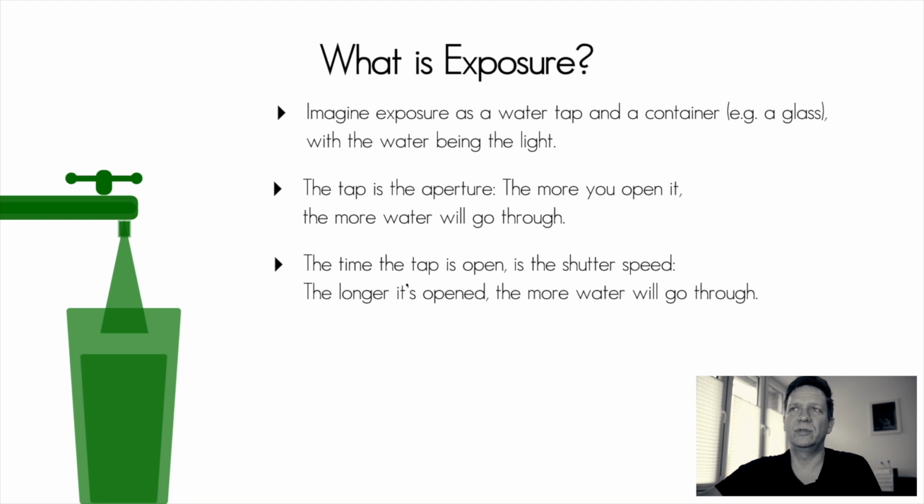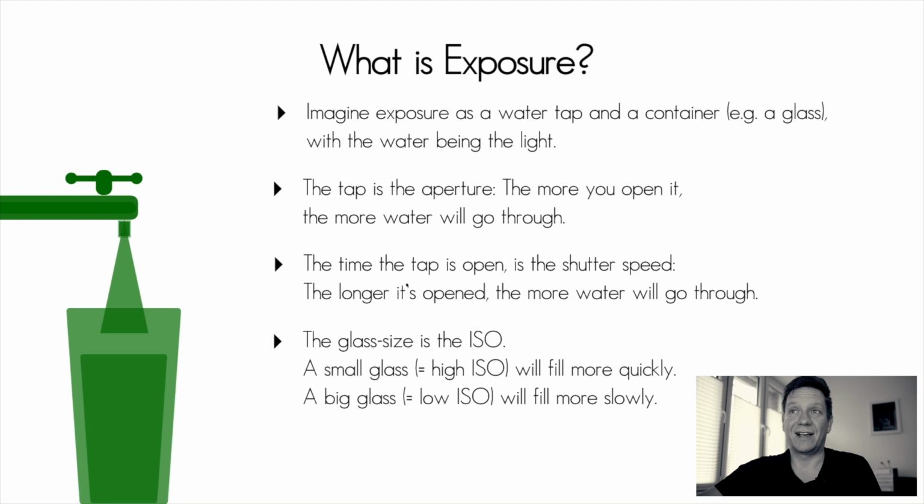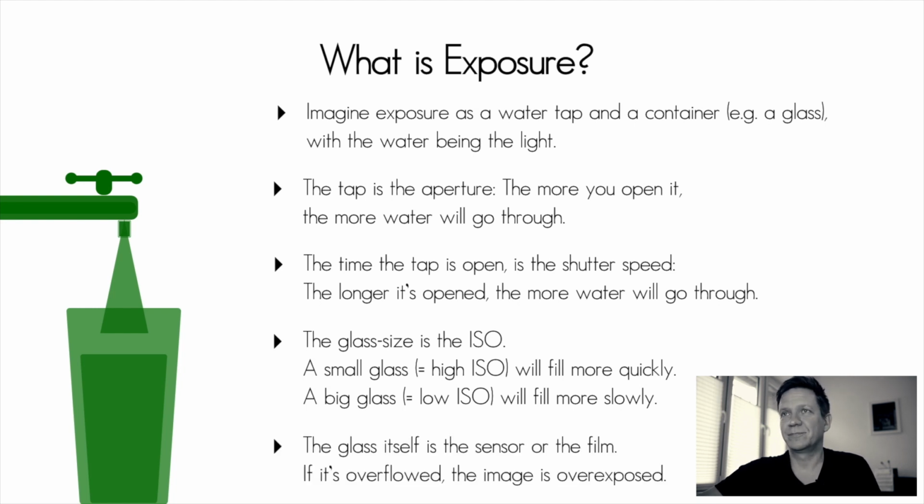The longer it's opened, the more water will go through. The glass size is the ISO. A small glass equals a high ISO will fill more quickly. A big glass equals low ISO will fill more slowly. The glass itself is the sensor or the film. If it's overflowed, the image is overexposed.